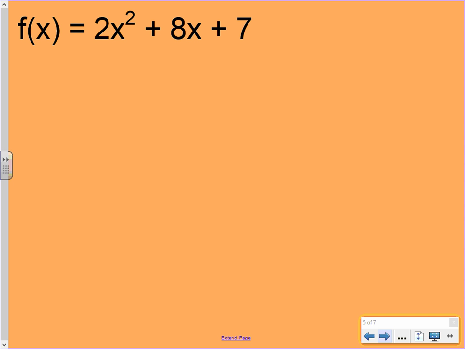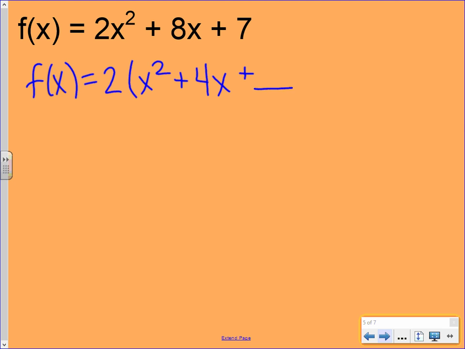But I will give you a hint. Whatever this plus c value is, we don't have to worry about factoring that coefficient out of it. We're eventually going to need that plus k value. Do you agree? So what we can do is factor the leading coefficient out of the x squared and the x term and leave room for a mystery number.